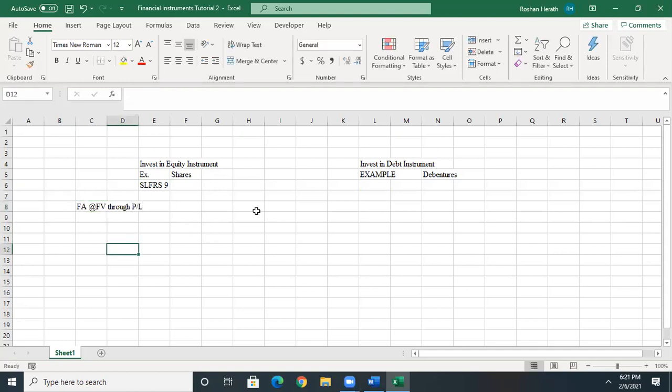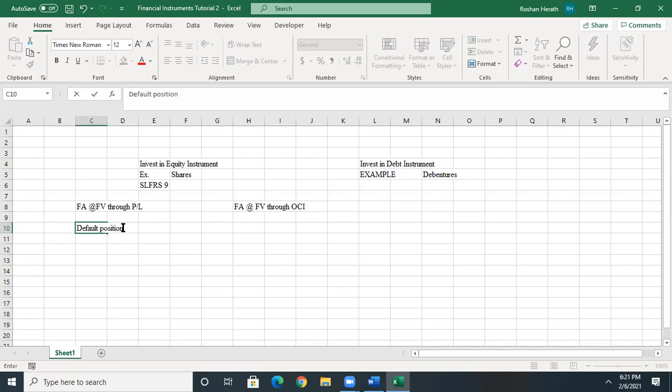The other is financial asset at fair value through other comprehensive income. The default position out of these two is financial asset at fair value through profit or loss.